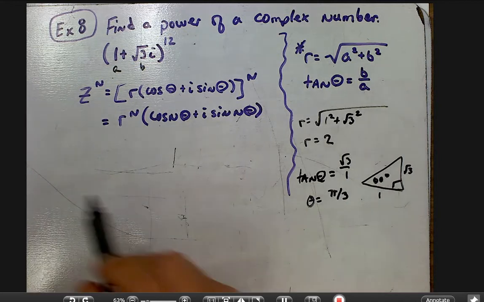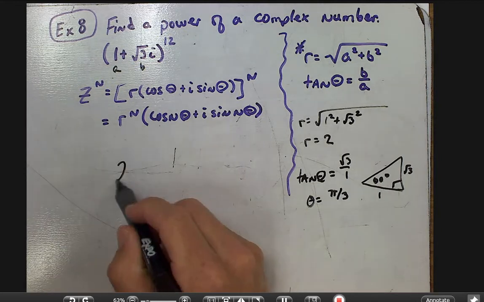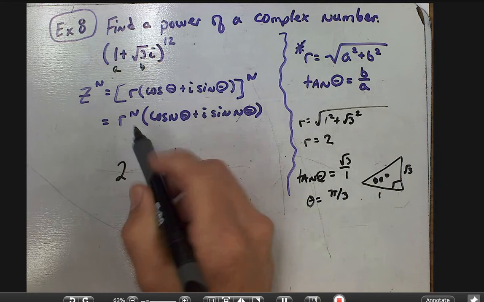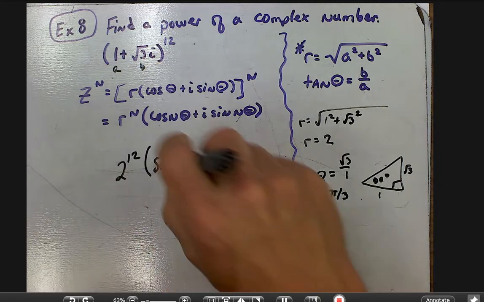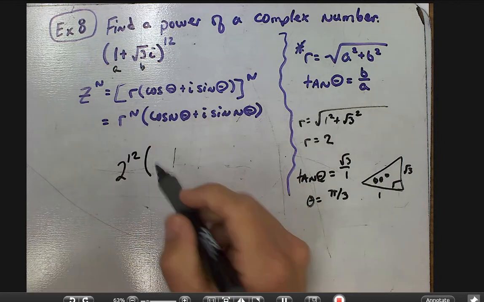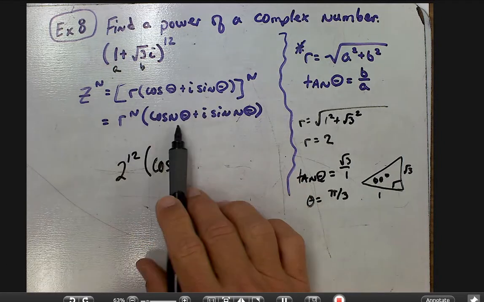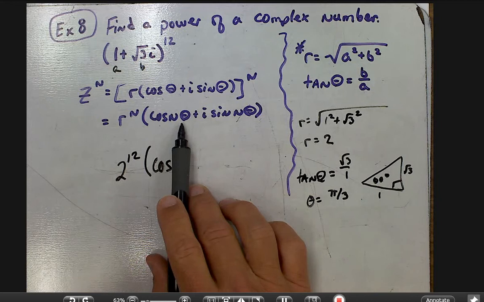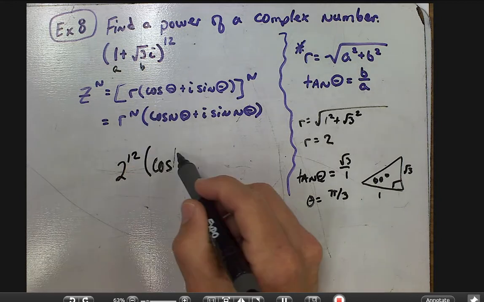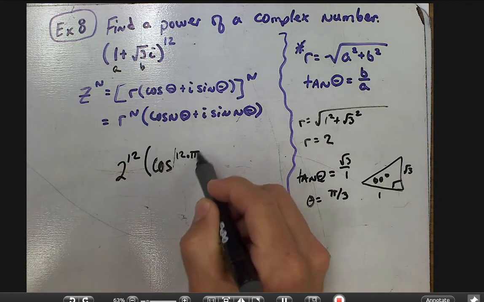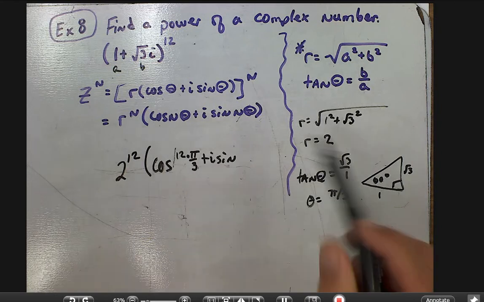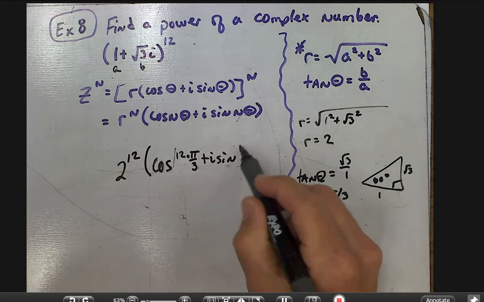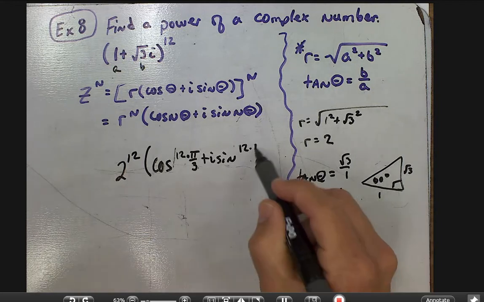So we're going to use r, 2 to the n power of 12, times the cosine of n theta. Well, n again is 12, so it's 12 times pi over 3, plus i sine n theta, again 12 times pi over 3.